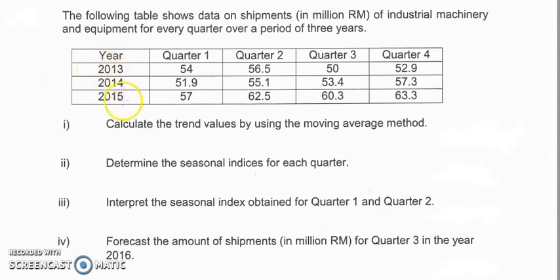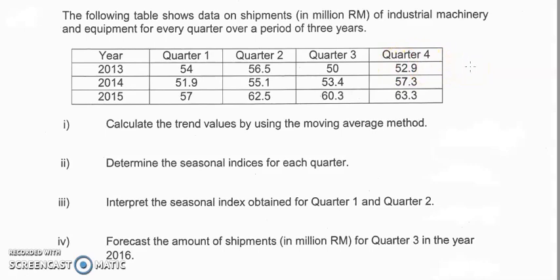Is it based on these 3 years? So 1, 2, 3, 3 is an odd number, right? So if odd number, we use simple moving average. But if you look by quarter, we have 4 quarters, meaning to say that it is an even number of terms. So if even, we use centered moving average.